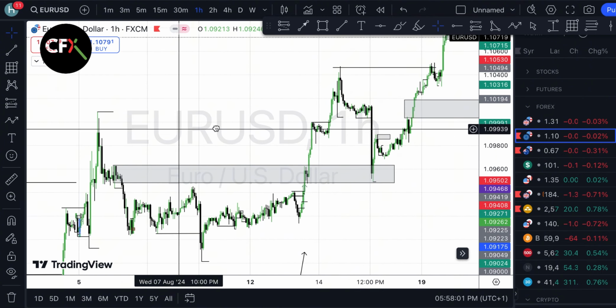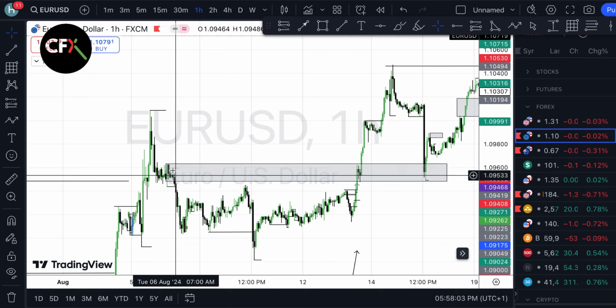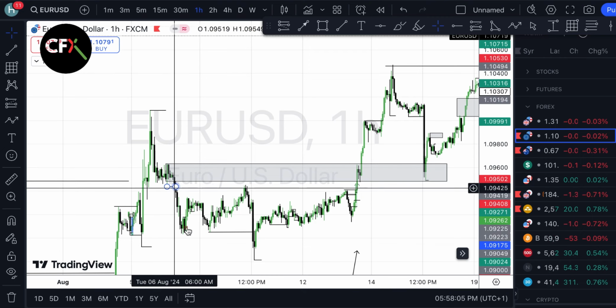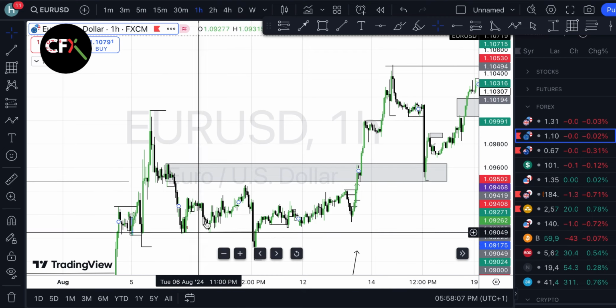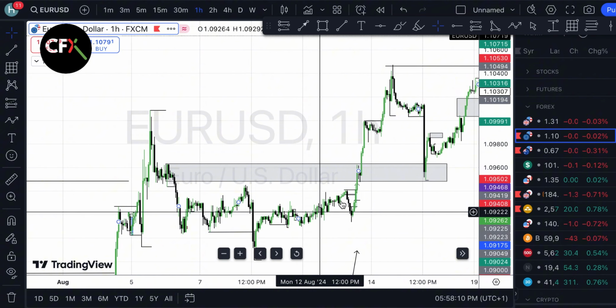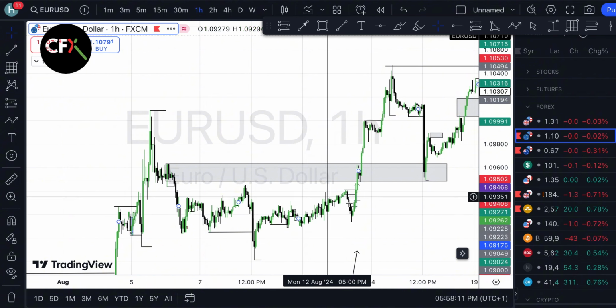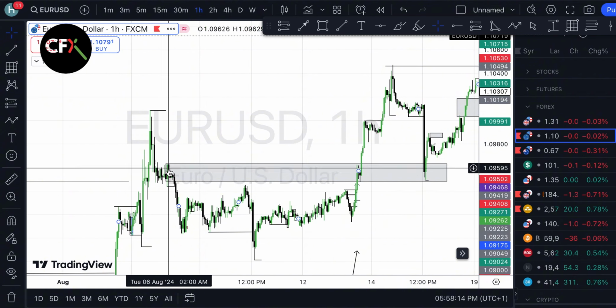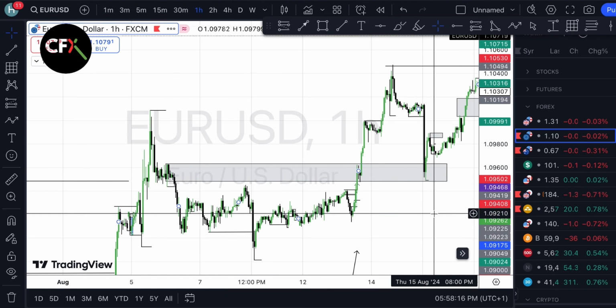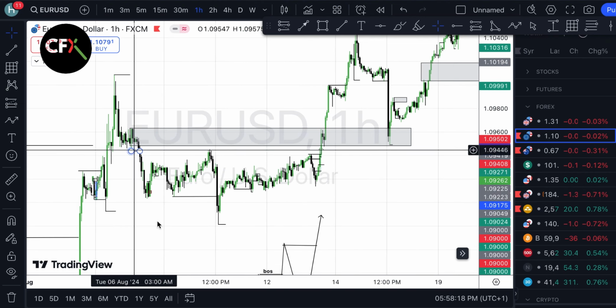Okay, a quick one. So you can see here price did a break of structure here. So price retraced back. Normally we expect price to retrace back to somewhere around the order block before selling again, because price did a break of structure here.